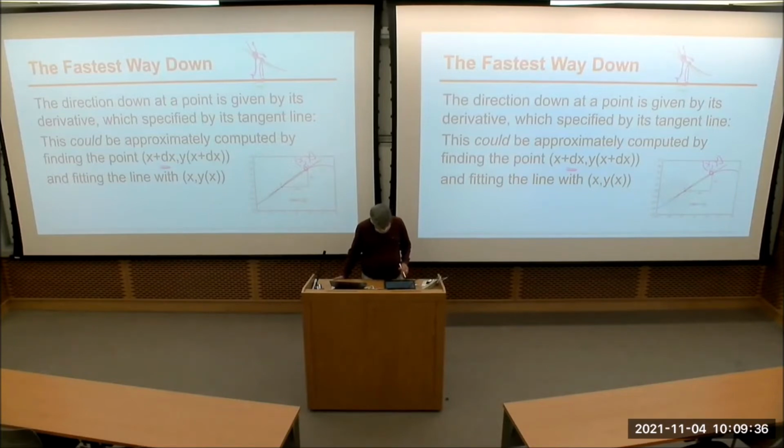By doing this, I could figure out the slope of the line, and that will tell me which direction is down, and I can walk in it going down. Any questions? So finding the tangent line numerically, by just taking a point and a delta neighborhood around it, would be one way to figure out what's up and down.